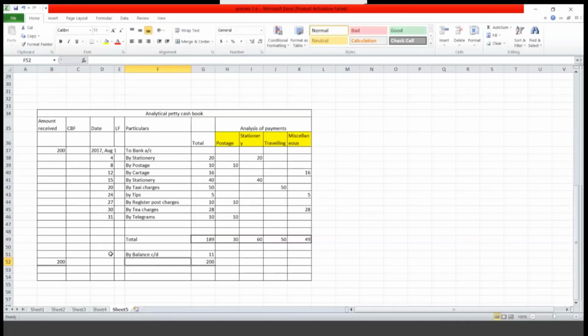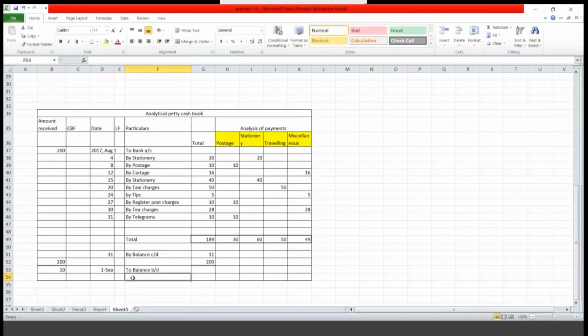When it is on 31st, then after 31st, in the next month, first we will be doing that. That means September 1st. On September 1st, you will write down to balance brought down. What is the amount? How much have you spent? How much is the balance you got? 11 rupees. And we are following the imprest system.